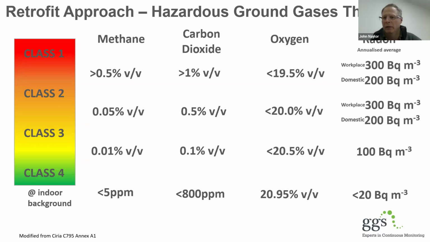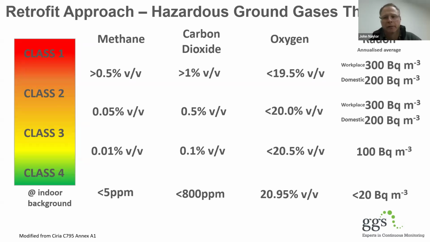And for indoor air, the Indoor Air Quality Association is now saying that if it's greater than 800 ppm on average, you might want to look at improving ventilation to increase air quality. That doesn't mean that it's a ground gas issue. Again, there's lots of other sources of CO2, from people simply breathing and respiring in the building, cooking, all these kinds of things. But it is a factor to think about.